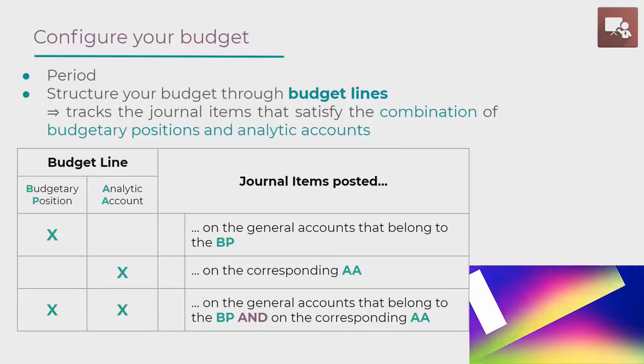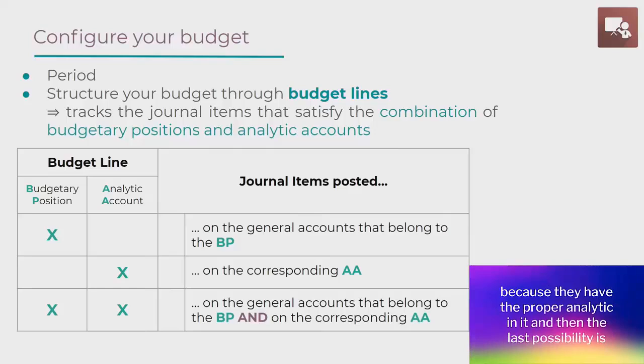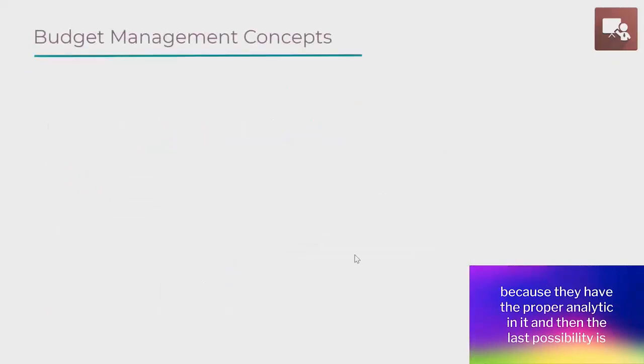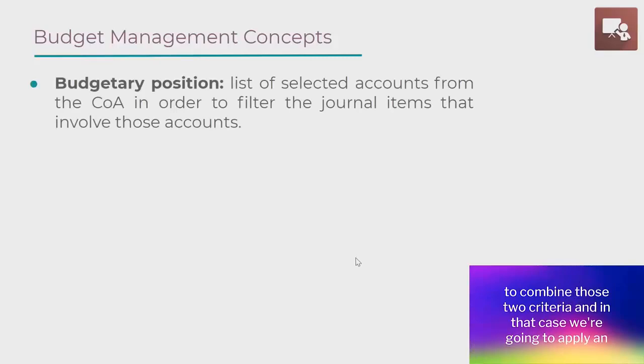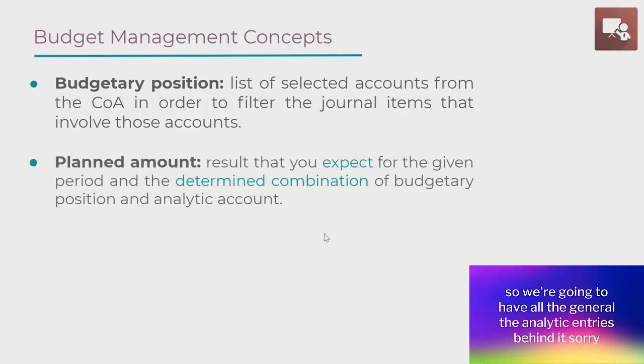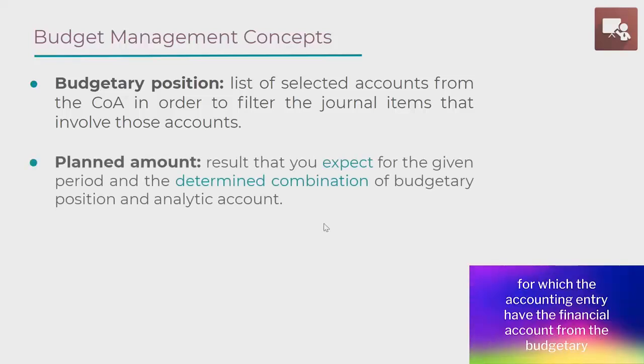And then the last possibility is to combine those two criteria, and in that case we're going to have all the analytic entries for which the accounting entry has the financial account from the budgetary position, and on those accounting entries, the ones that have the proper analytic account. So it's a combination of the two criteria.